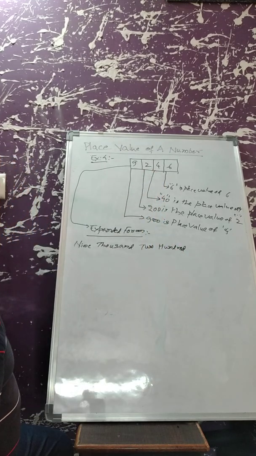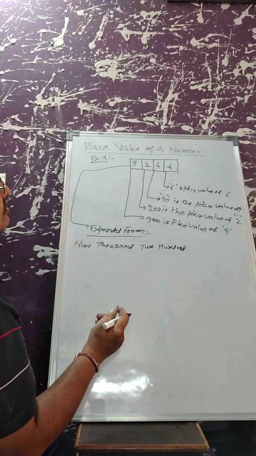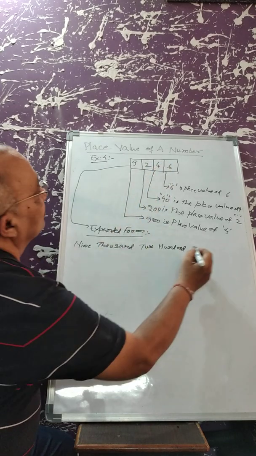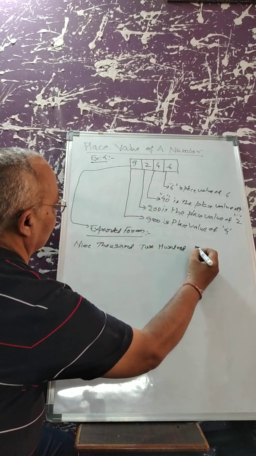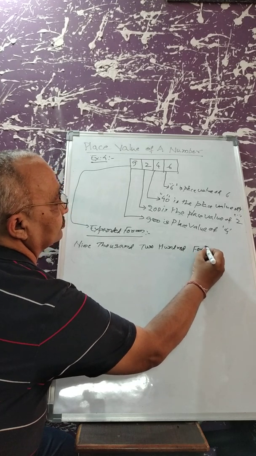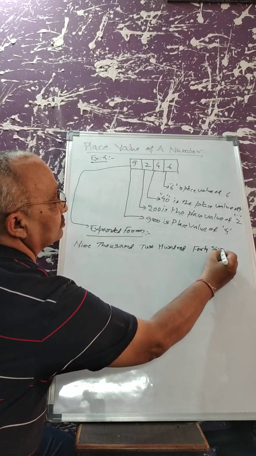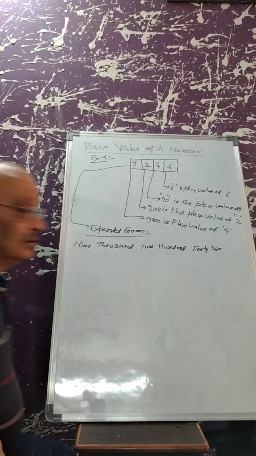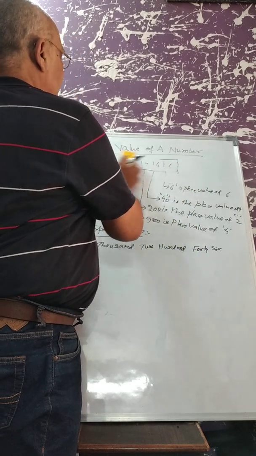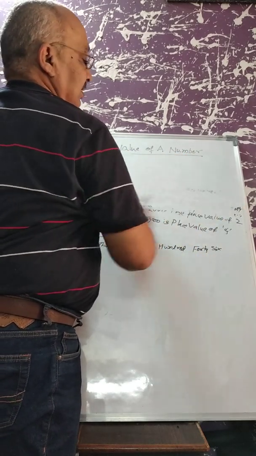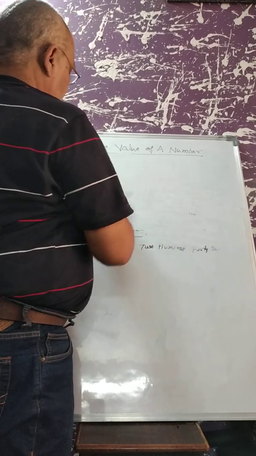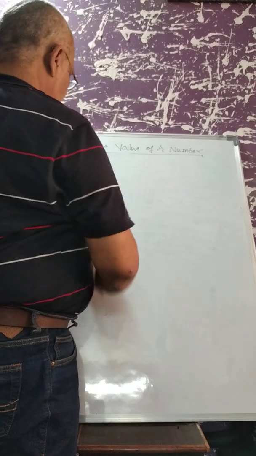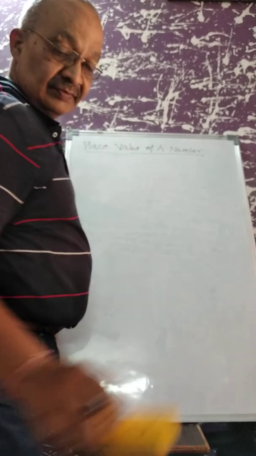And at the place of tens it is 4, and the place value is 40. And after that it is 6. Combining both, it will be 46. So it will be 9,246. Okay. So in this way, if somebody asks what is the expanded form of a given 4-digit number, you can give the answer.